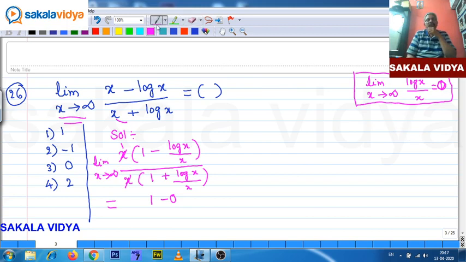So that means now you get 1 minus 0 by 1 plus 0. So, the answer is 1. First option is the right option. Once again I repeat, limit x extends to infinity log x by x is 0, you remember that one. Then this problem very easily we can solve.